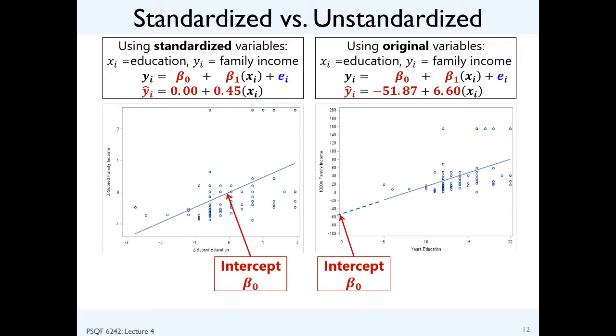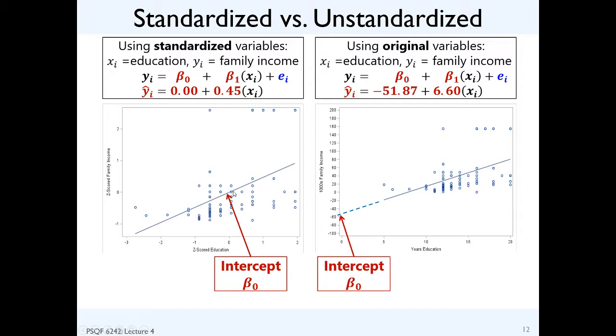If I were to z-score family income and education and estimate a general linear model using education to predict income, that slope is on the left-hand side. That is my standardized solution, where the intercept is right here. It's the expected family income y when education x is 0, which is right here.